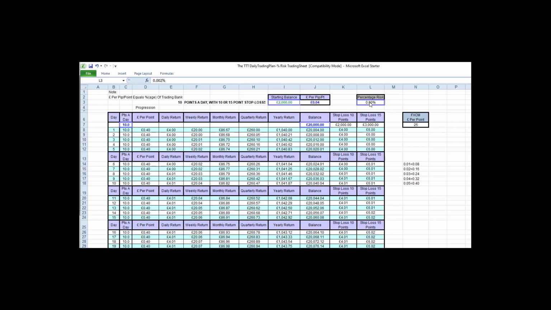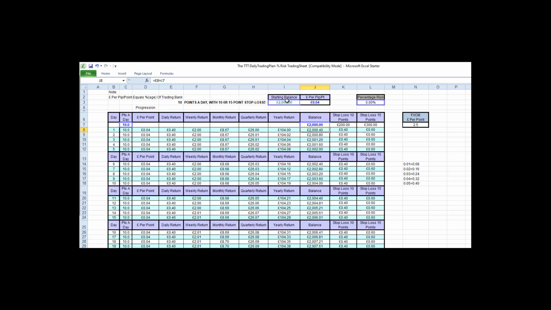This figure here is actually this figure here again, 0.002%. We like playing around with that. So if you had £2,000 in your account, let's put this to 2,000. There. That means it'd be 4 pence per point. Start with pennies.